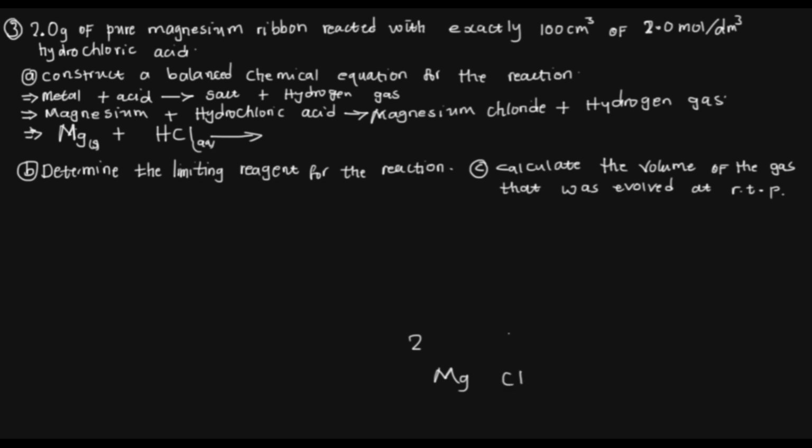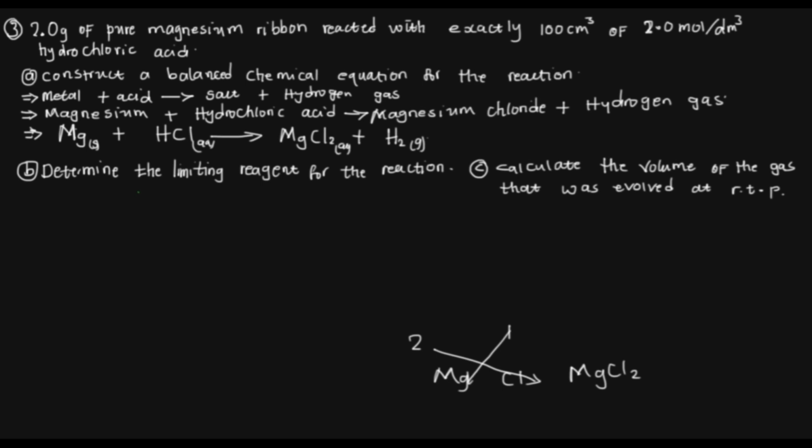Chlorine is in group 1, so it has a valence of 1. So if we interchange here, we are going to see that one magnesium atom needs 2 atoms of chlorine. So the chemical formula for magnesium chloride is MgCl2 aqueous plus hydrogen. Hydrogen will be diatomic, H2, since it's on its own.